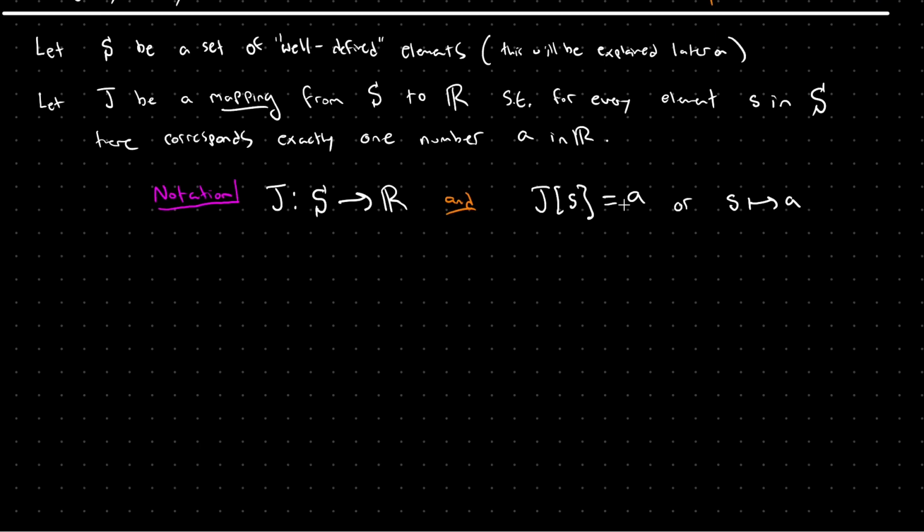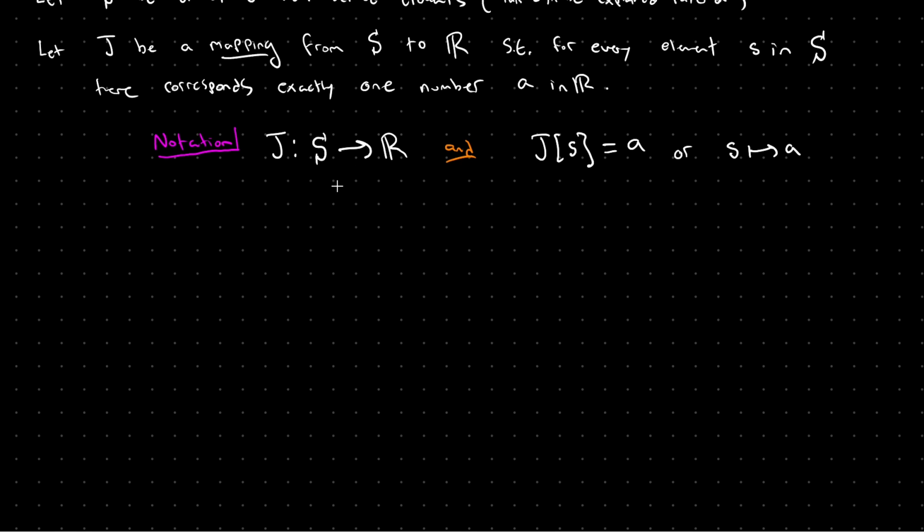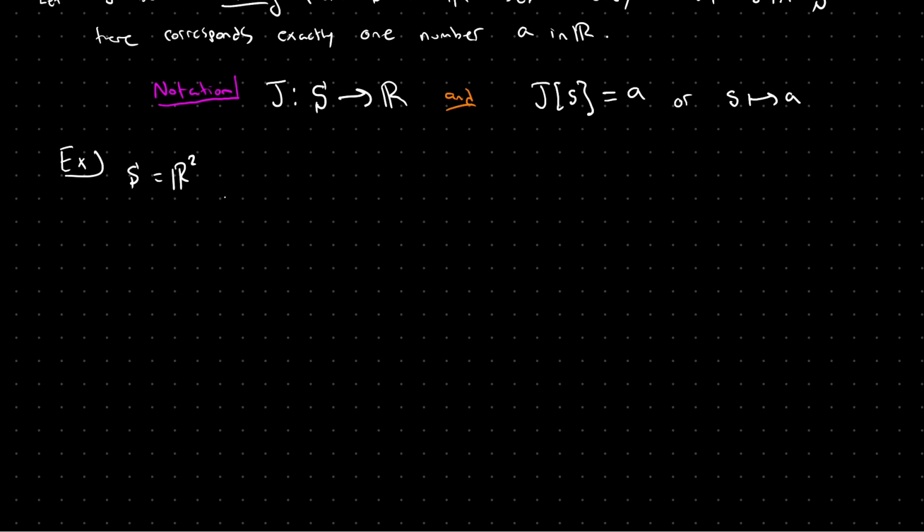So let's just do some quick examples. For instance, if S is two-dimensional Euclidean space, the functional is really just some multivariable function of two variables, because we're saying that J is a mapping from S into R. So anything of the form, say, f from two-dimensional space into R is a valid functional.